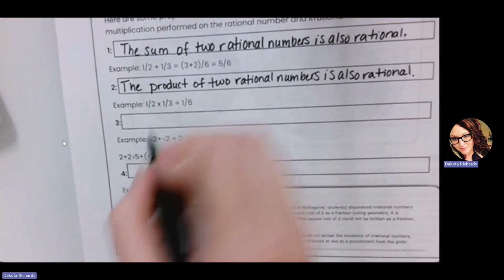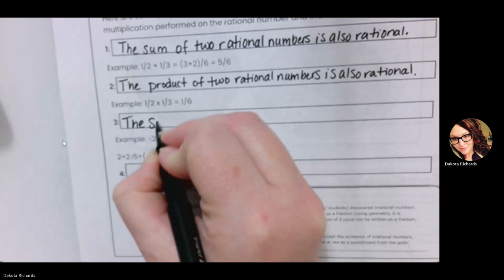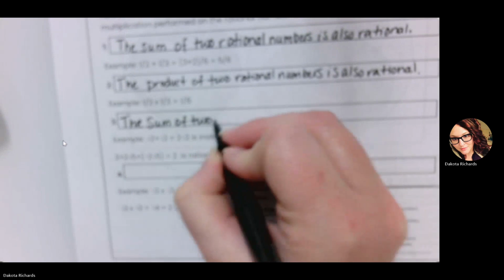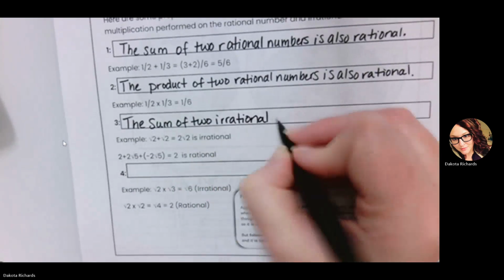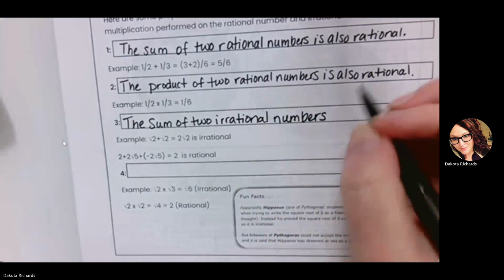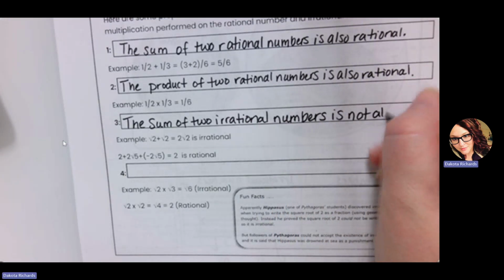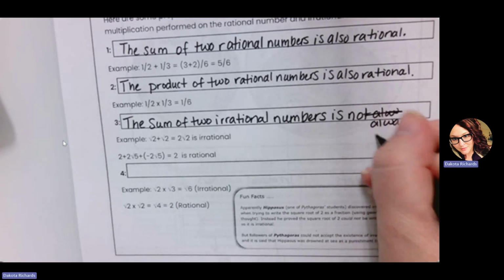Number three, the sum of two irrational numbers is not always irrational.